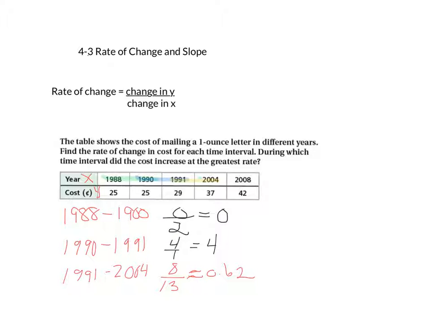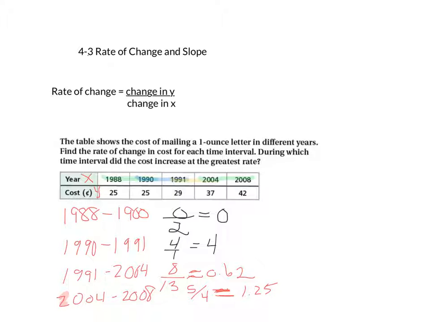Our last interval, 2004 to 2008, has a change in y. It's going from 37 to 42, so that's a change of 5 over the change in x, which is 4. Oops, 5 over 4 equals exactly 1.25.